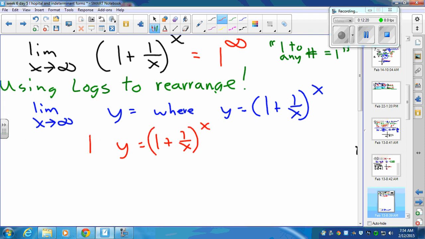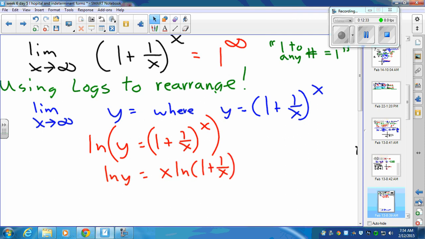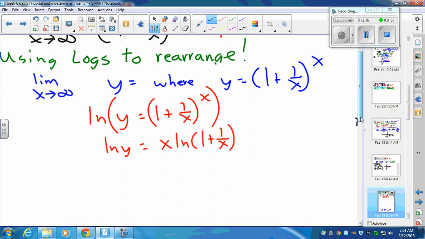And let's log this thing. So then I have ln of y equals x ln of 1 plus 1 over x. Okay? And my new question is going to be this. Find the limit as x goes to infinity of not y right now, but of ln of y.